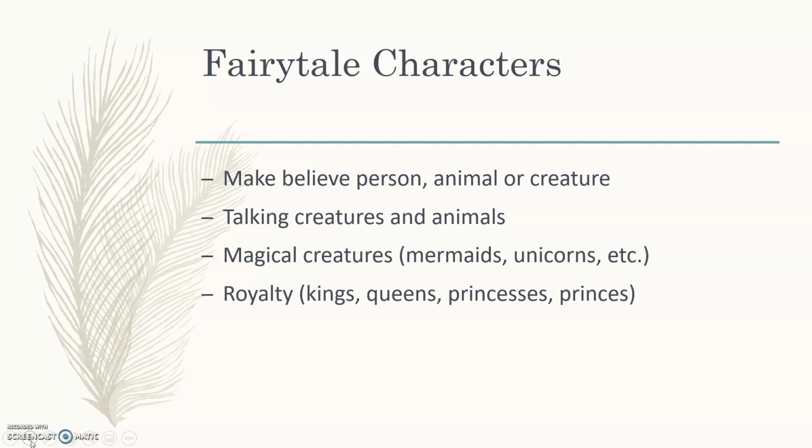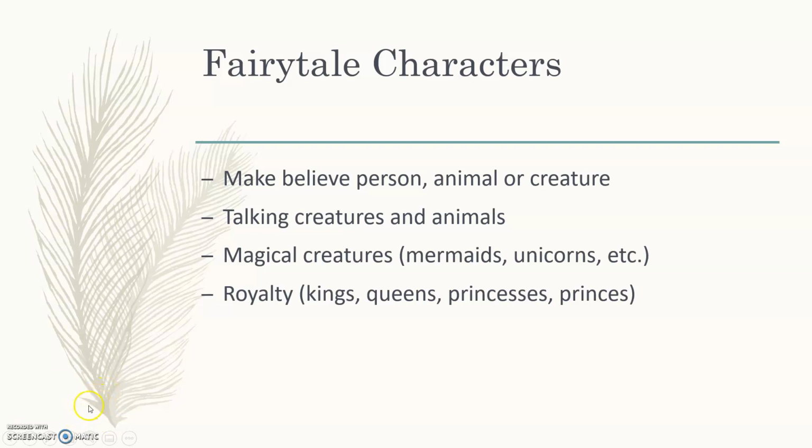So the characters in a fairy tale story also have those helpers. And a helper is somebody who could help your hero solve the problem. So for instance, if I think about Snow White, she has the 7 dwarfs as her helpers, right? Well, if I think about a magical element and I think about Cinderella, I think about her glass slippers.